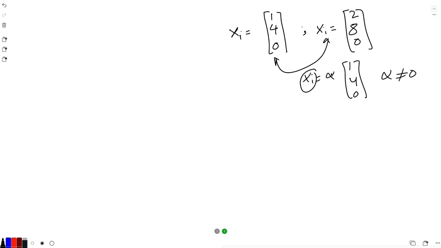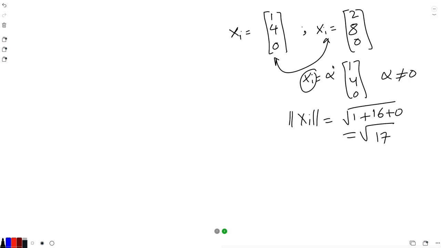For example, if you want the norm or the magnitude of xi to equal 1, you know that the norm of xi, or the length of xi in this case, equals the square root of 1 plus 4 squared, which is 16, plus 0, so it is the square root of 17.